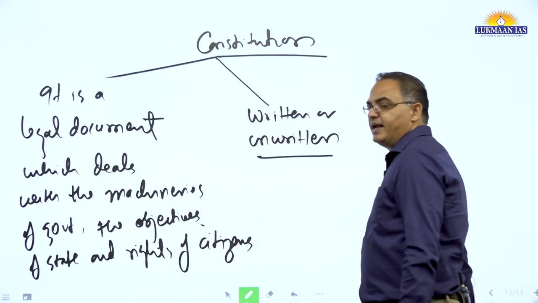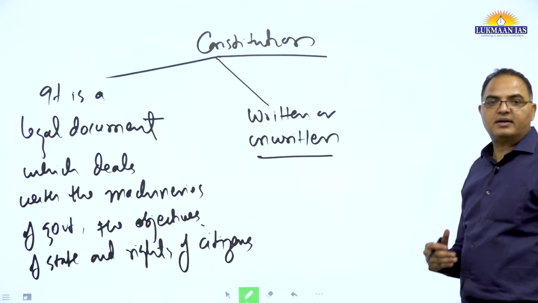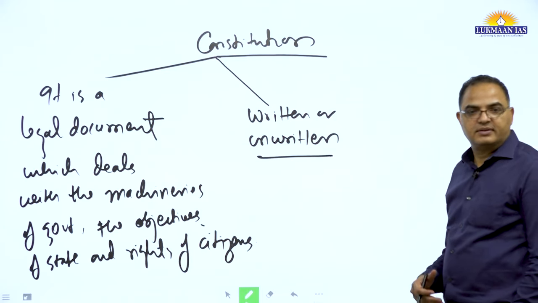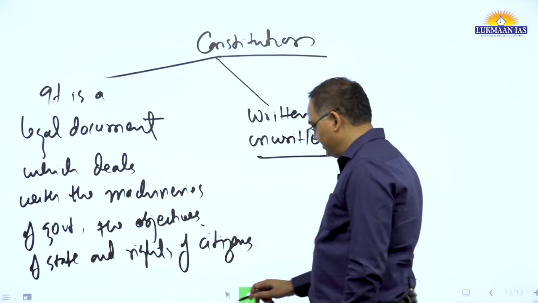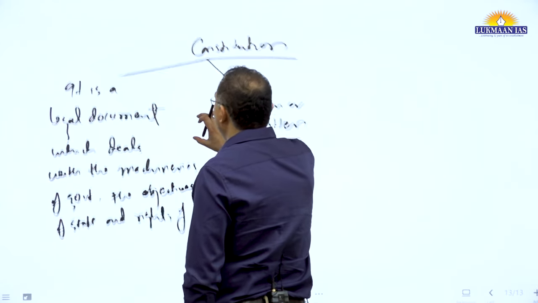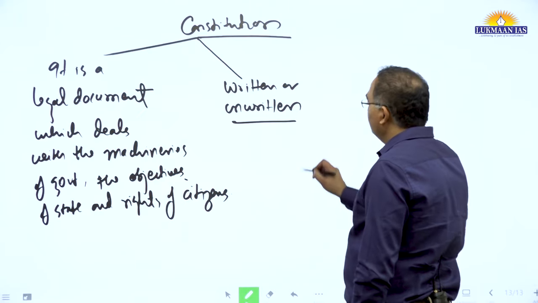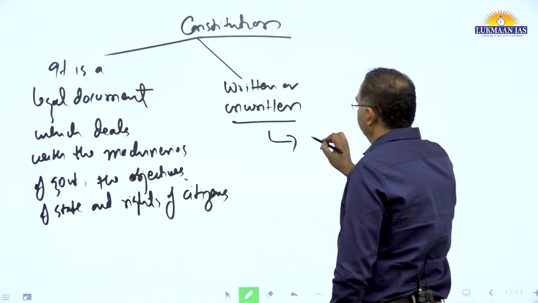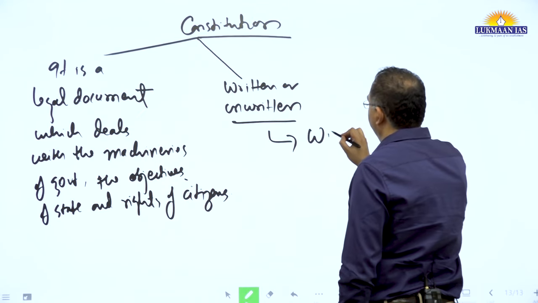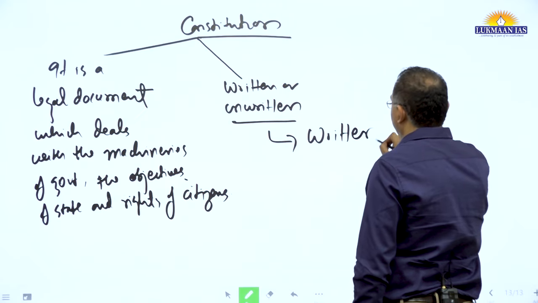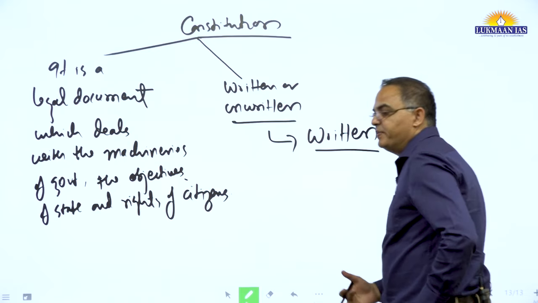A constitution can be written or unwritten. Is there a difference between a written and an unwritten constitution, can we say? So when it is written, what does it mean?